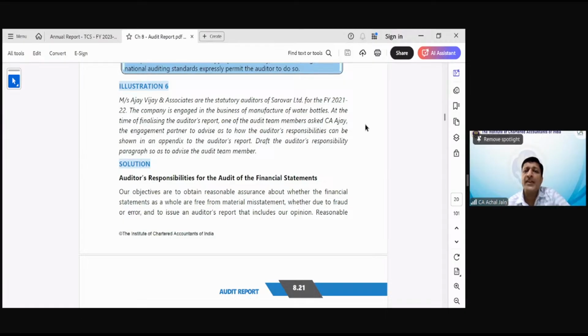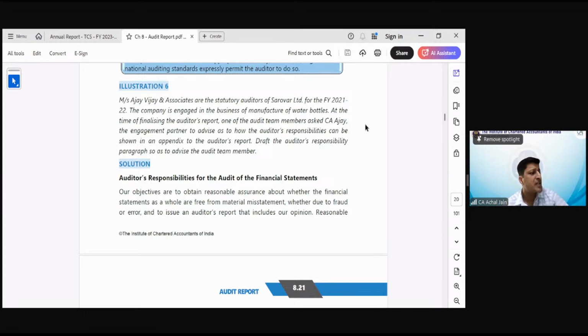At the time of finalizing the auditor's report, one of the audit team members asked CA J, who is the engagement partner, to advise as to how the auditor's responsibilities can be shown in an appendix to the auditor's report. Draft the auditor's responsibility paragraph so as to advise the audit team member.